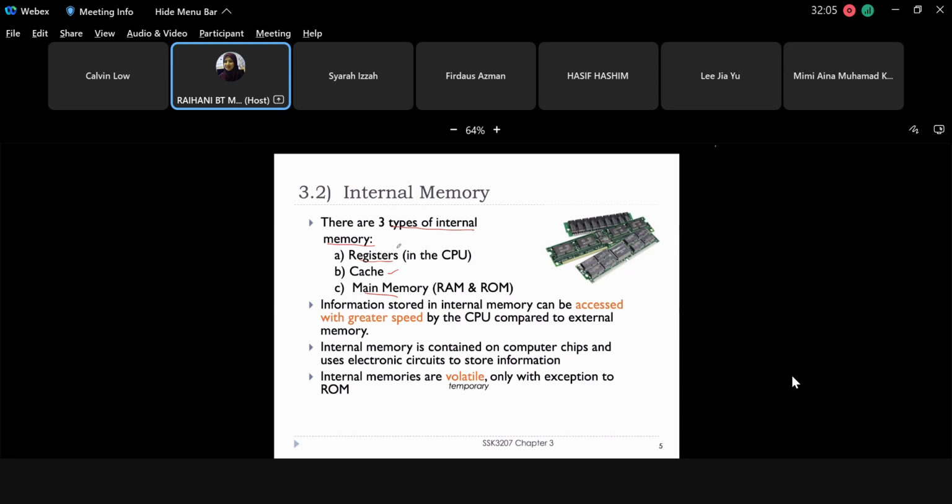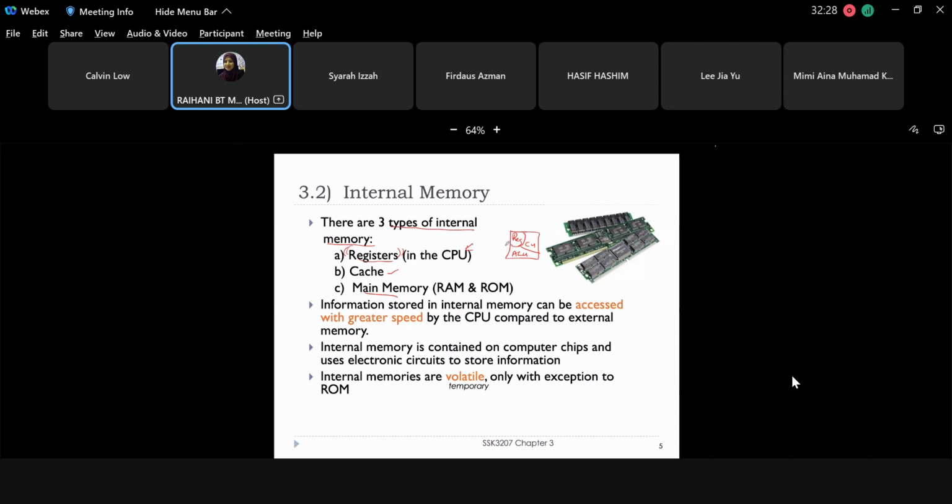The registers are a type of internal memory, but they reside in the CPU. Remember, inside the CPU, it must have the registers, it must have the ALU, it must have the CU. These three things must reside in the CPU.